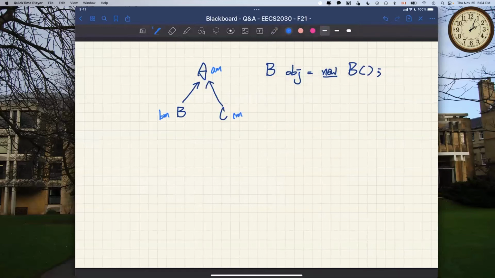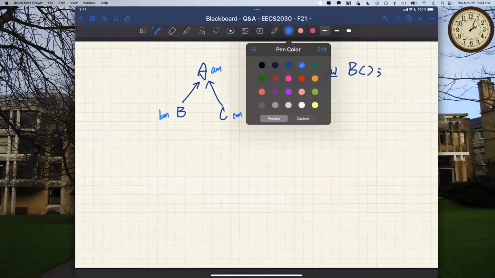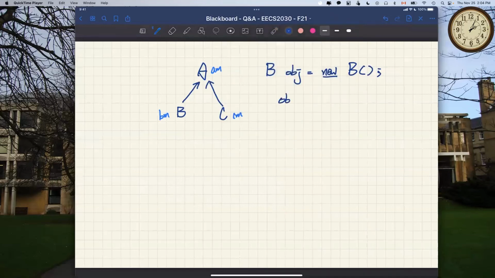Now, if I say obj.CM and try that, it should be quite obvious to every one of you that it's not going to compile, because the static type of obj is B, and B cannot be expected to have CM. So it's not going to compile. Now the question is, is it possible to cast obj, whose static type is B, to its sibling? It is possible, even though you'll run into some trouble at runtime.